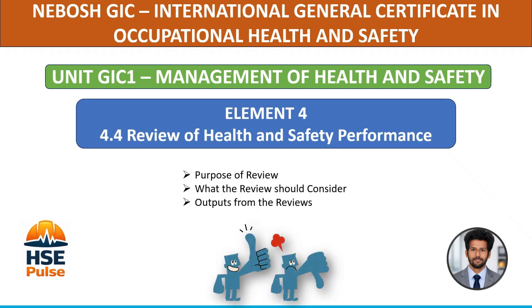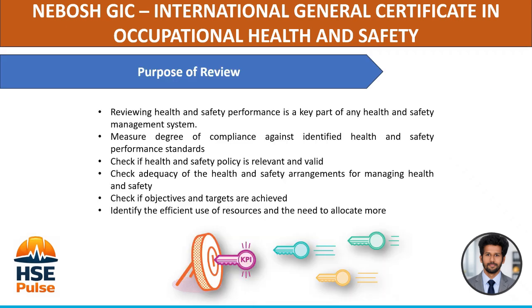Under Element 4.4 Review of Health and Safety Performance, the following contents are going to be seen: purpose of reviewing the health and safety performance, what the health and safety performance review should consider, and outputs from the health and safety reviews. Purpose of review. Reviewing health and safety performance is a key part of any health and safety management system.